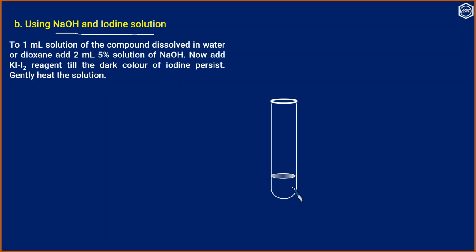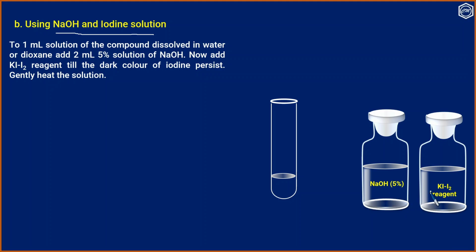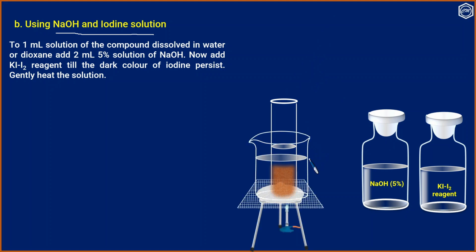So we take about 1 ml of the given substance, and we have 5% sodium hydroxide solution, and this is potassium iodide iodine reagent. First we add sodium hydroxide dropwise, and after that we add the potassium iodide iodine reagent, and we warm the solution in a water bath.